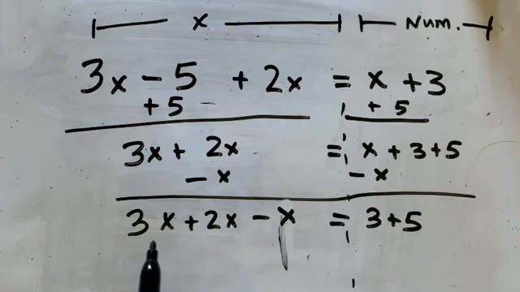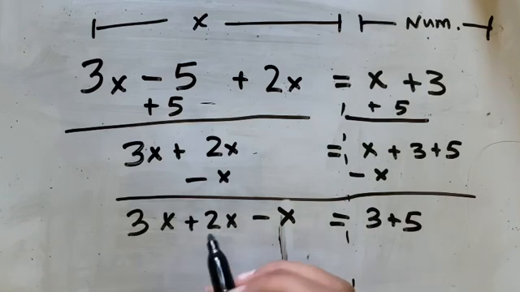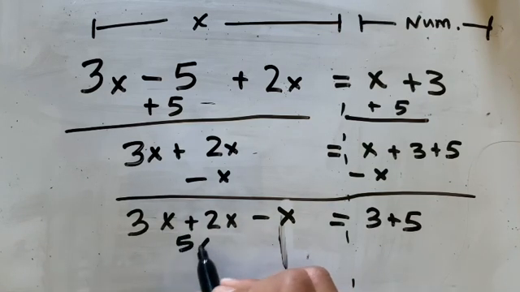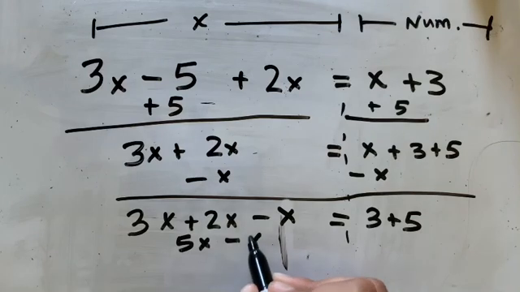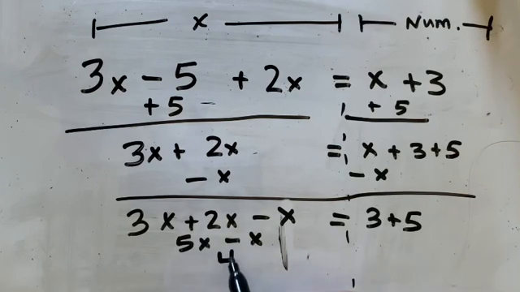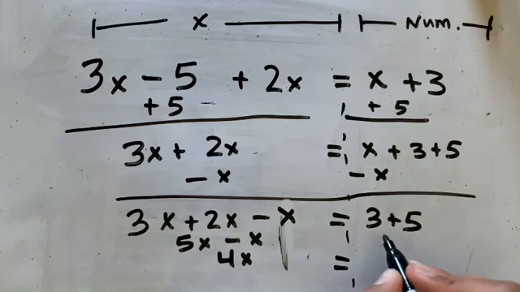So now we can combine all of our terms. 3x plus 2x is 5x, and then 5x minus x is 4x. And this equals 3 plus 5, which is 8.